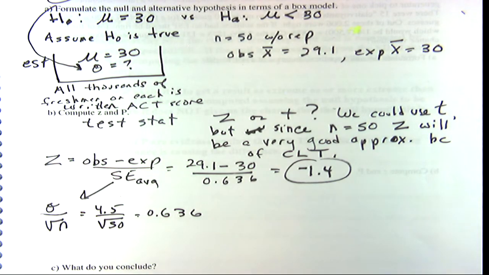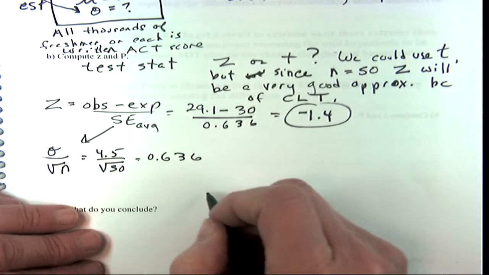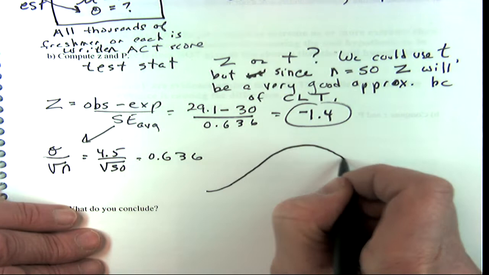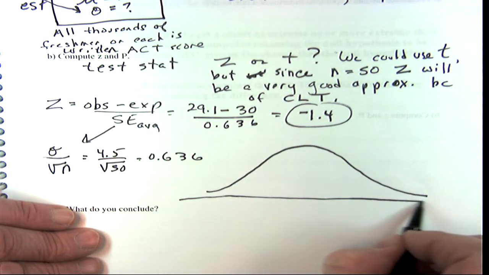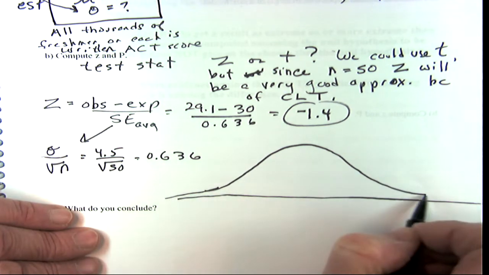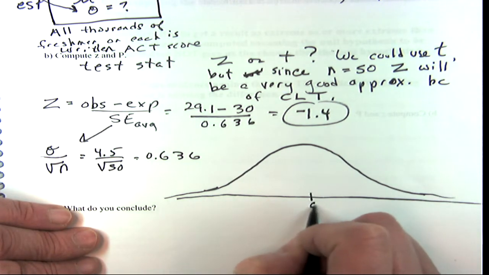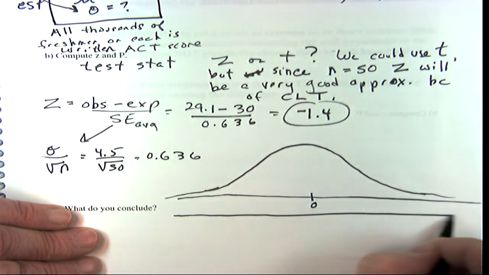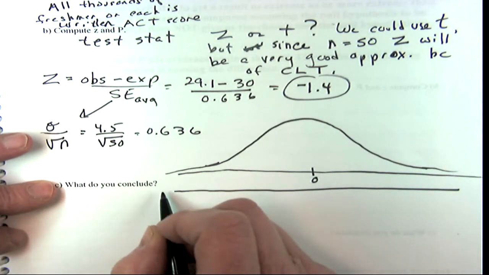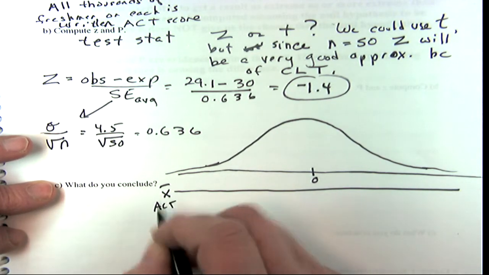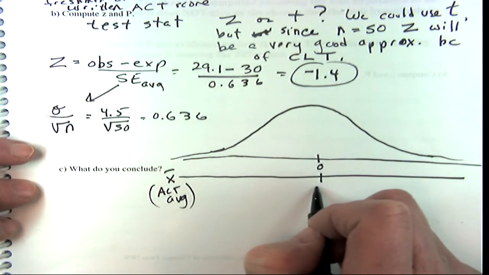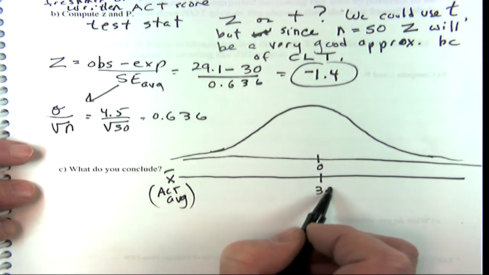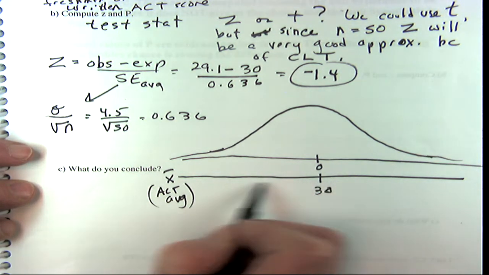Now we're going to draw a z-curve, because there's just one z-curve. It's so nice. That's the huge advantage, and we know basically what it looks like. In the middle is 0, as x bar, the ACT average. What would we expect? 30. We got a 0.9 difference.